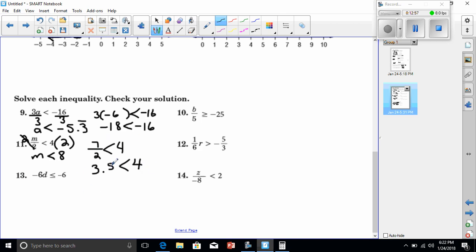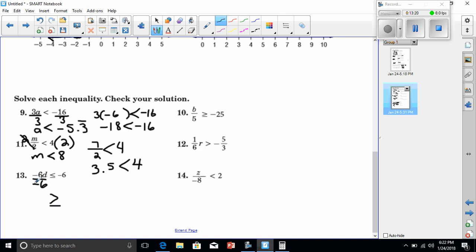All right, number 13. It says negative 6d is smaller than or equal to negative 6. Well, if I go ahead and divide negative 6 from here, I have to remember I'm dividing by a negative number, so that's going to change my symbol around.